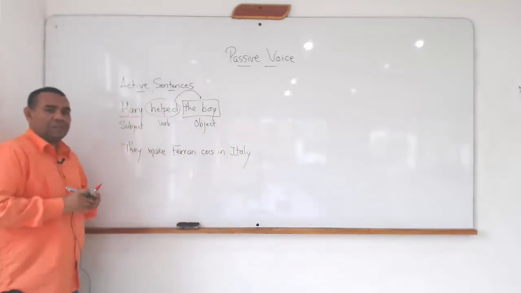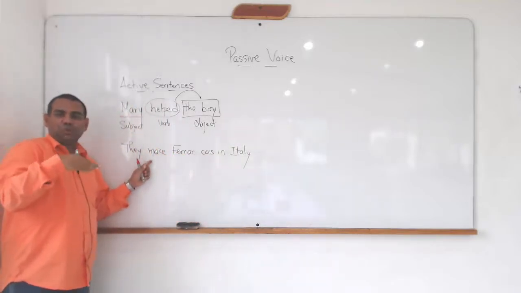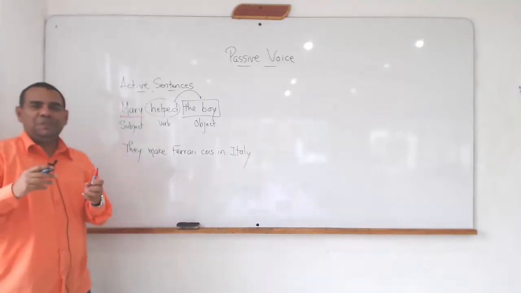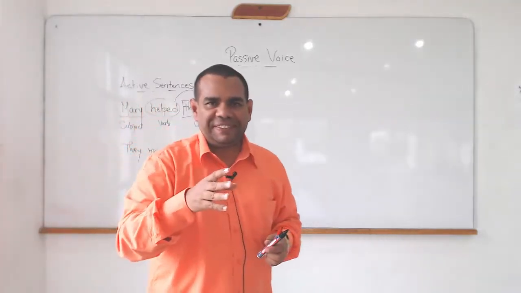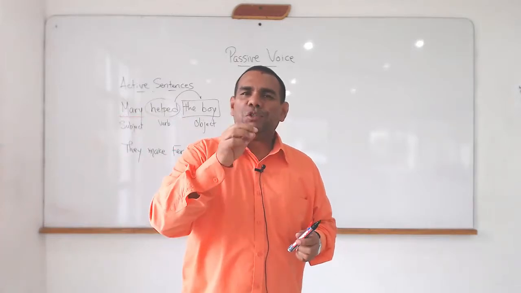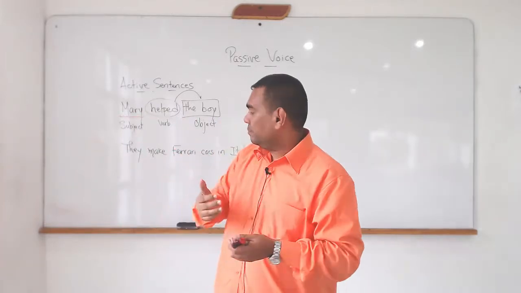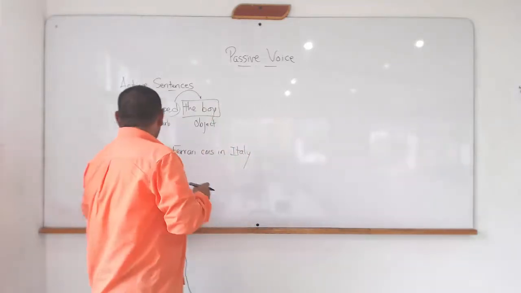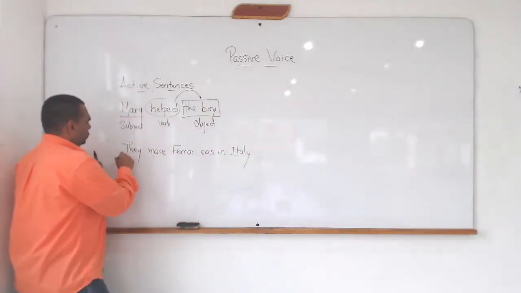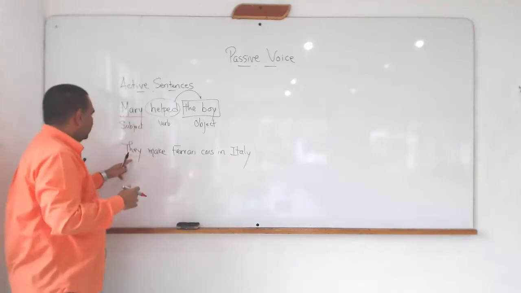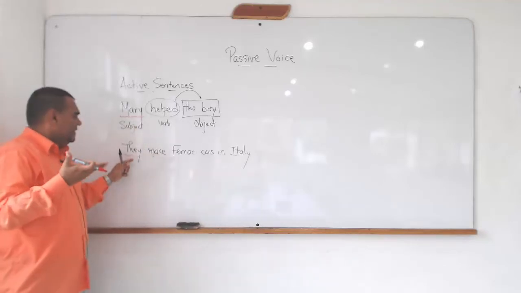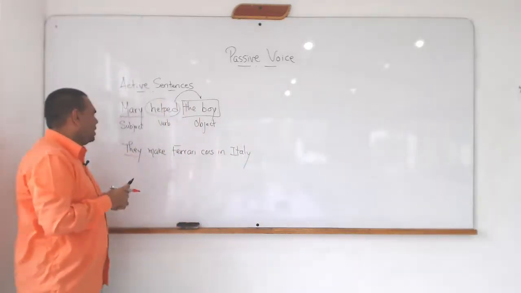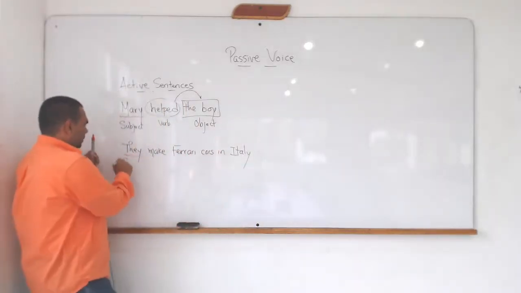Okay, here, in this sentence number 2, we find that the subject is not very determined, it's not very specific. But anyway, we can have a subject over there, and this is they. It is not well defined. It is any person, or any people in that country. This is the subject.